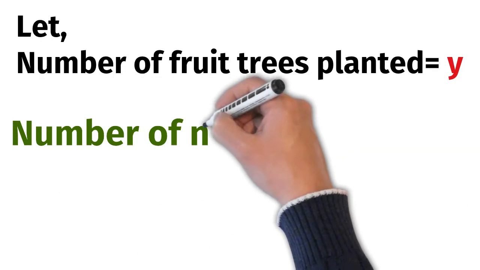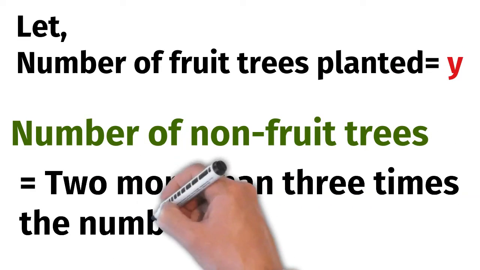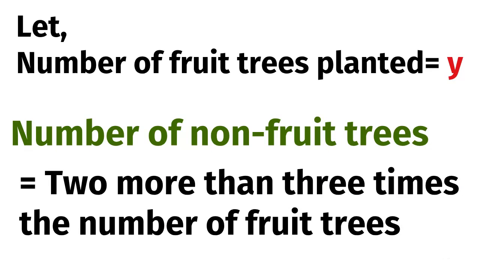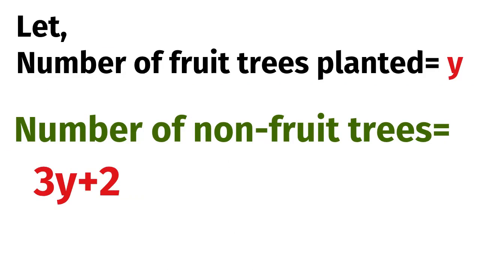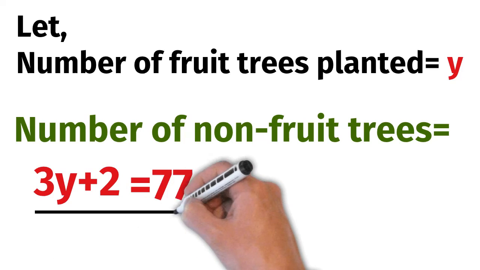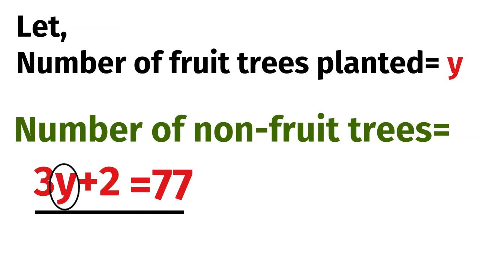Now, the number of non-fruit trees is equal to 2 more than 3 times the number of fruit trees. That is equal to 3y + 2. Thus, 3y + 2 = 77, as the number of non-fruit trees planted is known, that is 77. Now we have to solve this equation to get the value of y, which is the number of fruit trees.